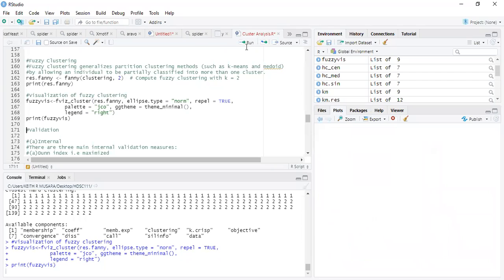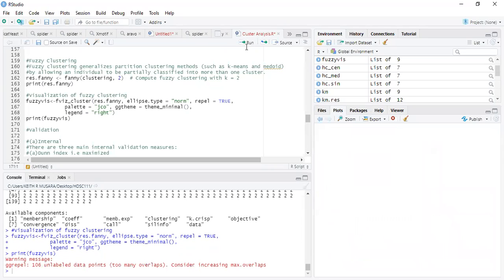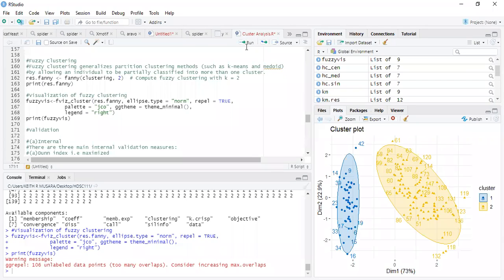Let me print the graph, the visualization. It's more of a descriptive plot. I'm sure this is almost similar to the silhouette plot of the PAM method, which is a similar plot like this.